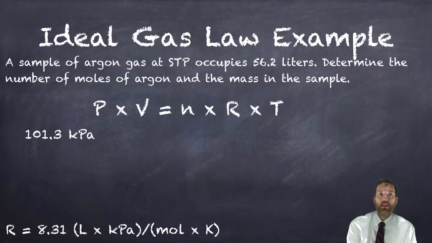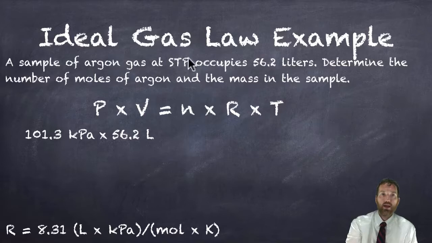So we will start with the formula PV equals nRT, and it says that we are at STP, a sample of gas at STP. That's why my pressure is 101.3 kilopascals. That's my standard pressure. And the volume is 56.2. It says so right here. This gas occupies 56.2 liters. Liters is a unit of volume. They want us to solve for moles, so that's what we're going to leave blank here.